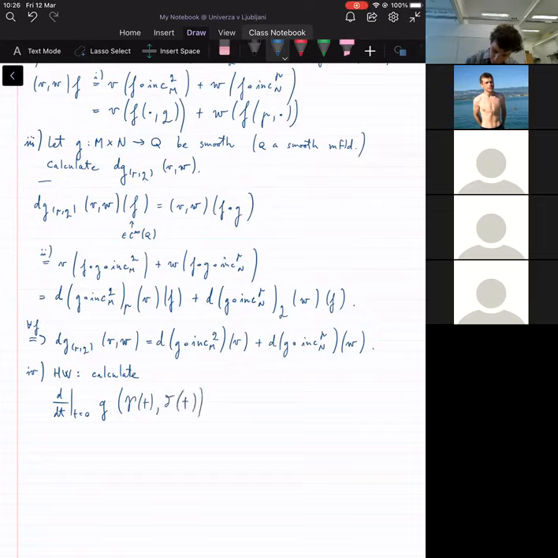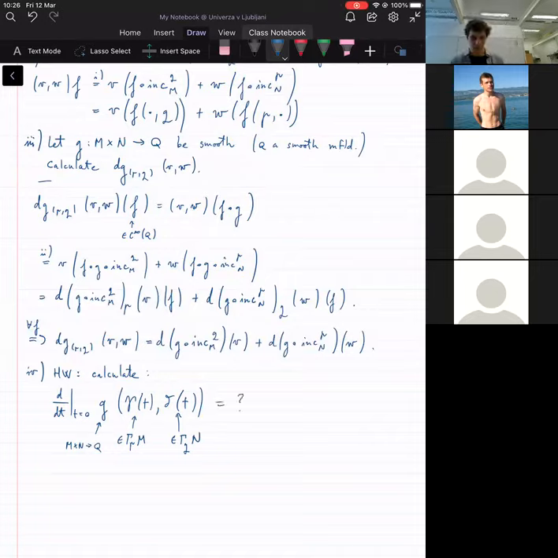So this is now a curve that starts at point p in M, and a path, to be more precise, that starts at q in N. Okay, and g is again something smooth from M × N to Q. So you should calculate this.